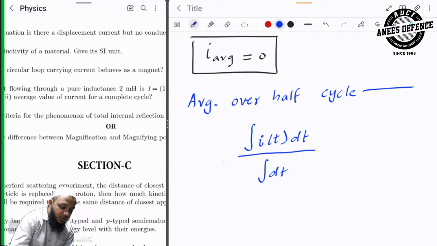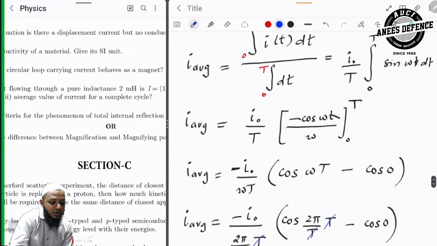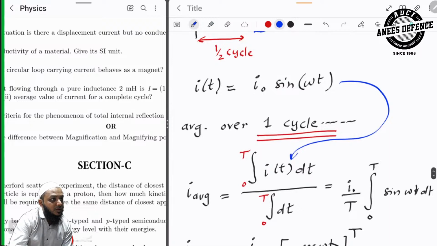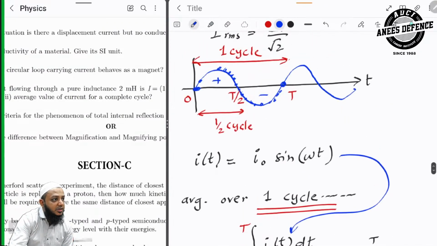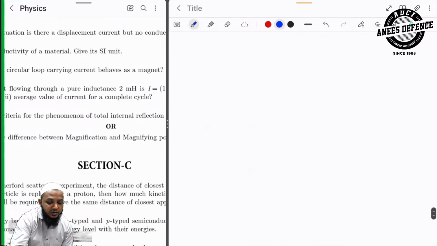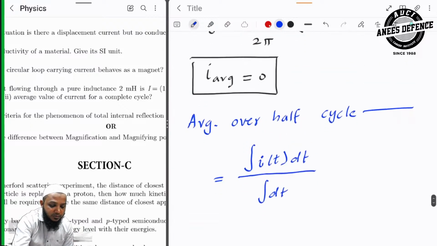We have done the same thing in the above case. But since we were taking the average over one cycle, we took the limit from 0 to capital T. See the waveform. One cycle exists from 0 to capital T. What about half cycle? Half cycle exists from 0 to T by 2. Therefore, we have to take the limits of time from 0 to T by 2.